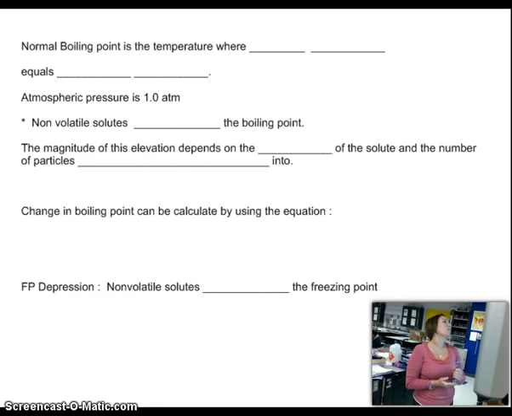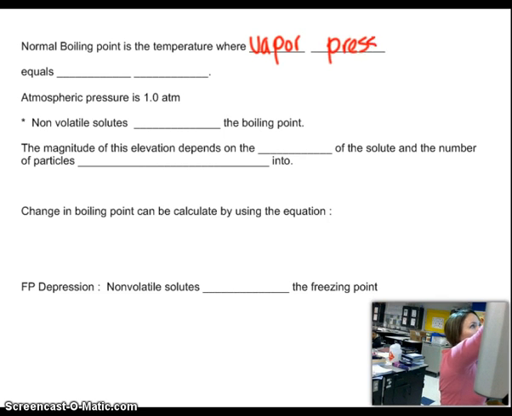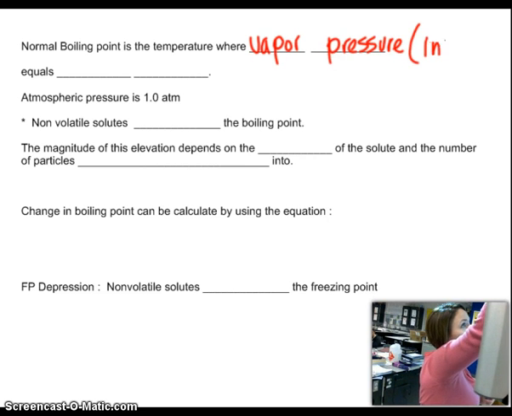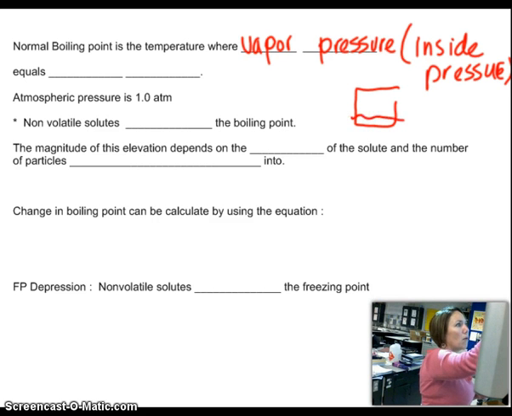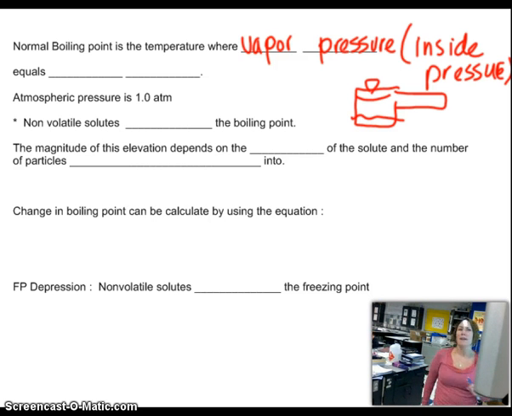It says normal boiling point is the temperature where the inside pressure equals the outside pressure of a substance. So the vapor pressure is the inside pressure, pushing out. If you have a pot of water with the lid on it on your stove, there are gas molecules in there pushing out on the walls of their container.